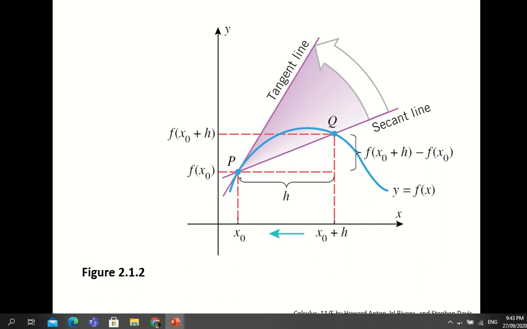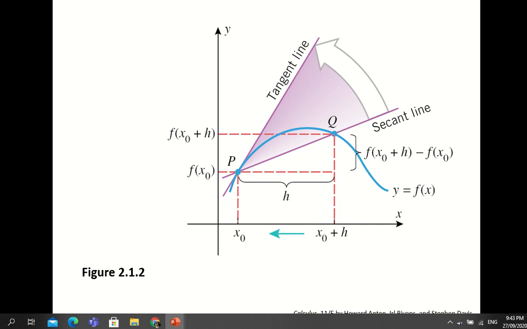Again, we have here the secant line, and we have our tangent line here. Now as we move this point Q closer and closer to point P, we see that the secant line moves closer and closer to the tangent line, and the limit of this is the tangent line.